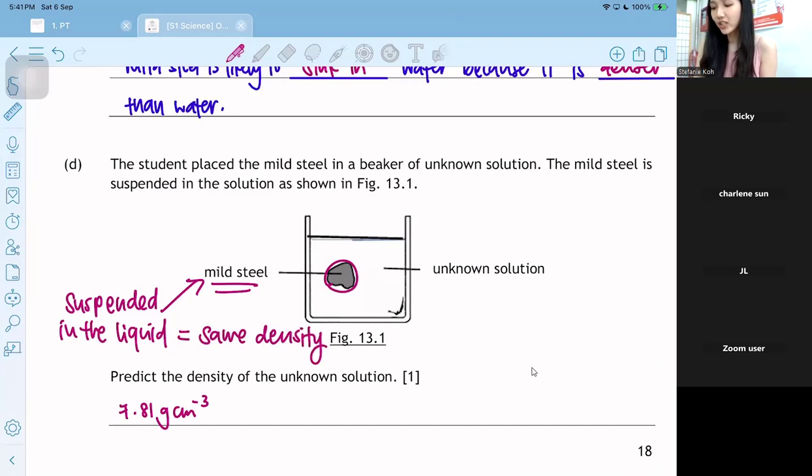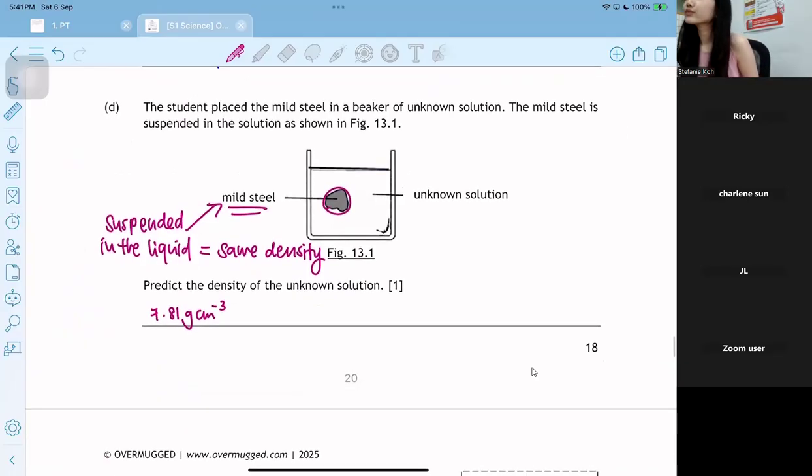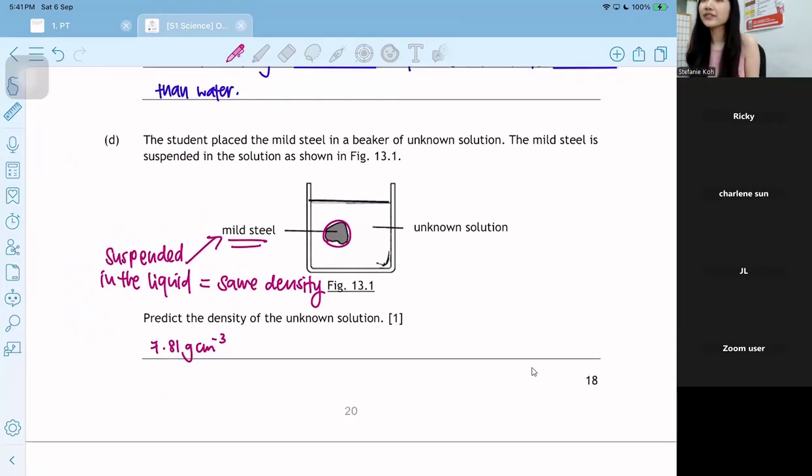That's why it doesn't sink nor float. Exact same? Yeah, because if it's slightly more, it will sink already. Right?